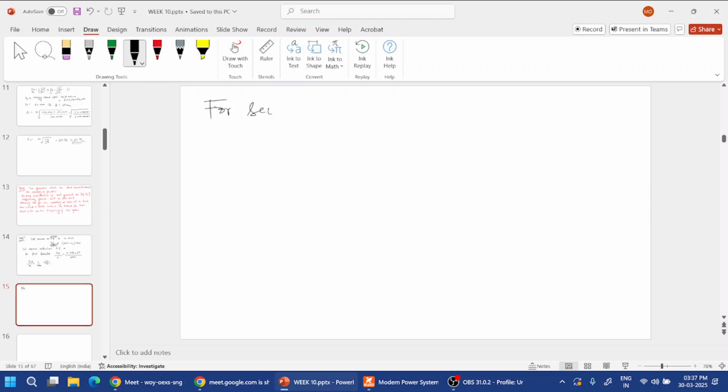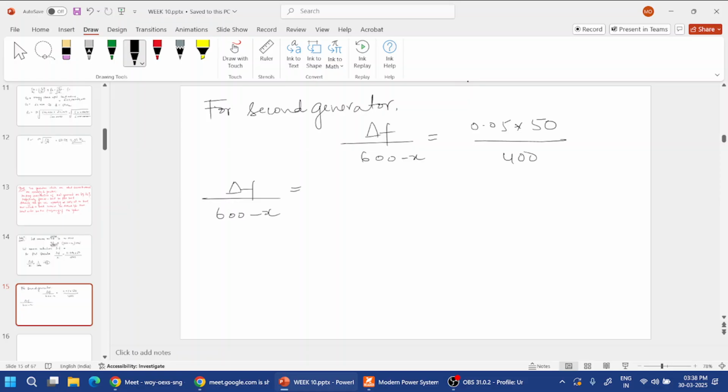For the second generator, del F upon the change in load, which is 600 minus X, equals droop characteristic of 0.05, times 50 frequency, divided by 400, the rating. So let's solve this. This will come out to be 2.5. I think I am correct. If not, then you can write in the chat box.